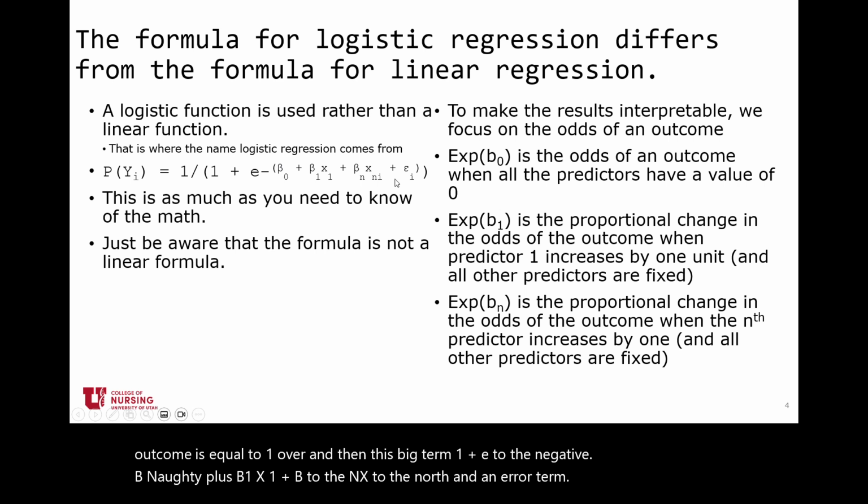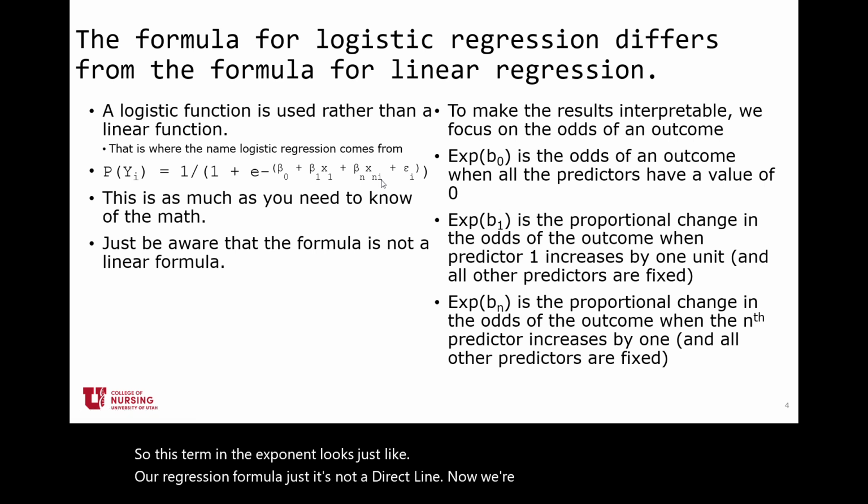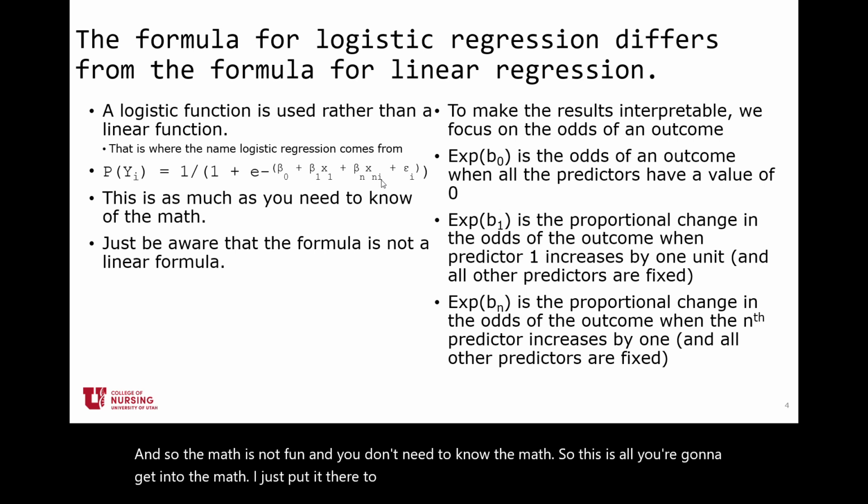So this term in the exponent looks just like our regression formula, just it's not a direct line now. We're using exponents. And so, yeah, the math is not fun, and you don't need to know the math. I just put it there to be complete.